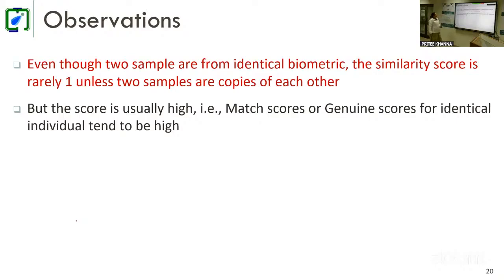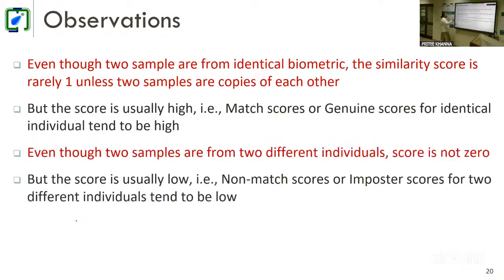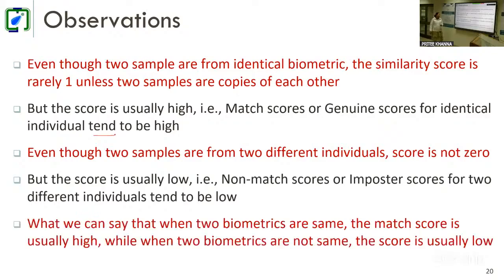But what is the observation there? If the templates are from the same user, the matching score will be high. Similarly, if the two templates are from different users, the matching score should be low. So the match score is usually high for matching and usually low for non-matching. With this note, we have to move forward.